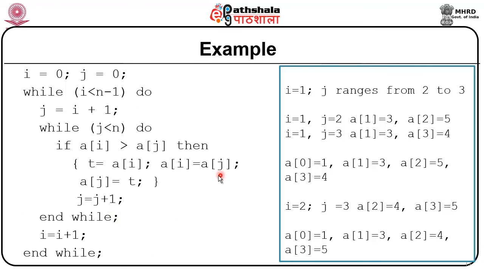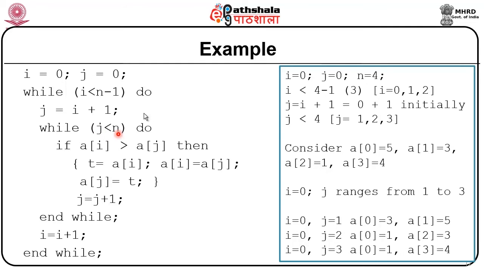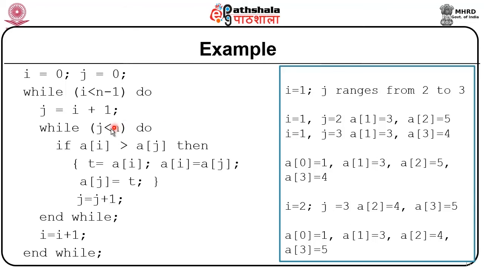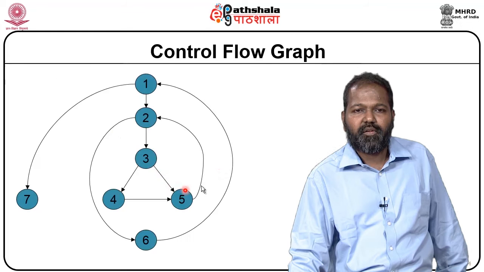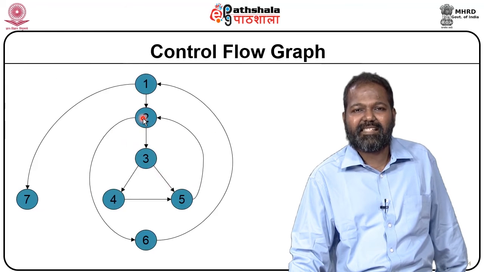You are repeating this checking till the value of j is less than n. For example, in our initial case, the value of i is 0, and j will take the values 1, 2 and 3. So this condition is being checked.